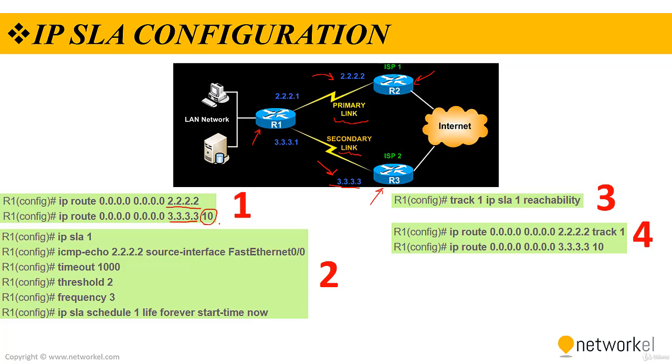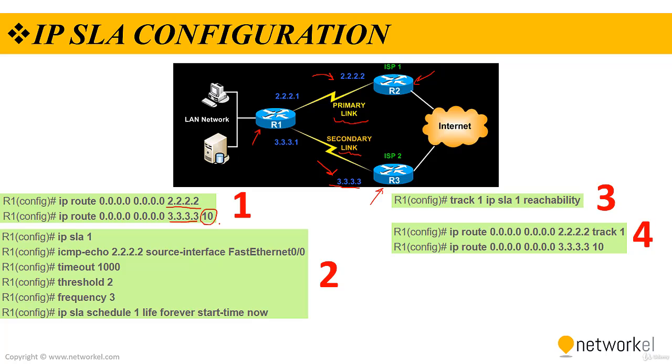So this kind of configuration with just two floating static routes partially accomplishes our requirement, as it will work only in the scenario where the router's interfaces connected to the one link are in up-down or down-down status. But in a lot of situations, we see that even though the links remain up, we are not able to reach the gateway.